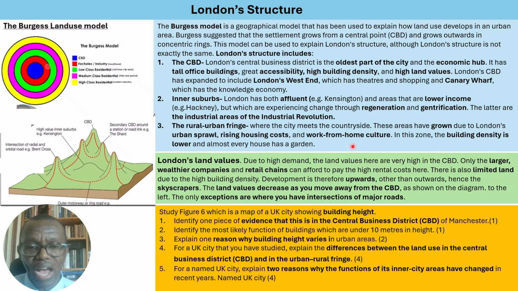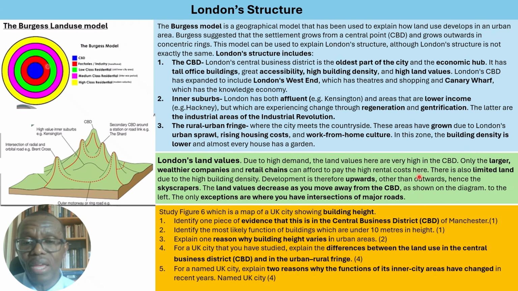Okay, then we are going to talk about this second figure here, and this one is showing the land values in London. This is also really important because it's something that is likely to be asked about in the exam.